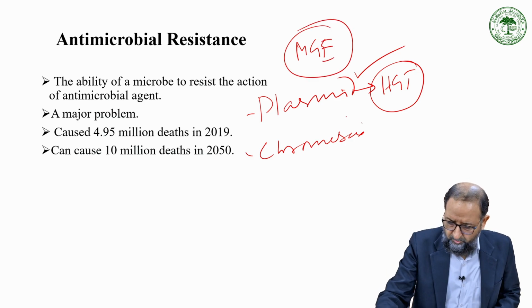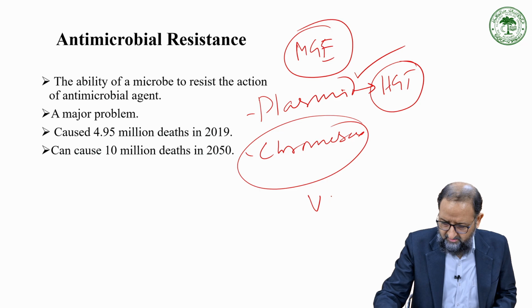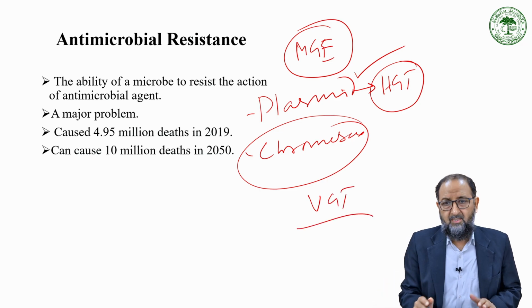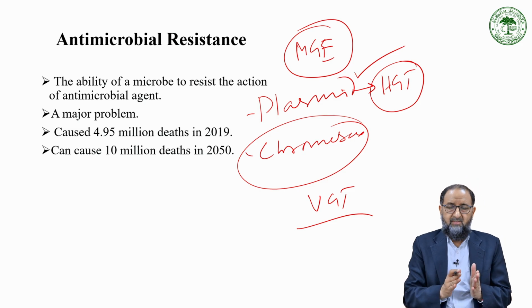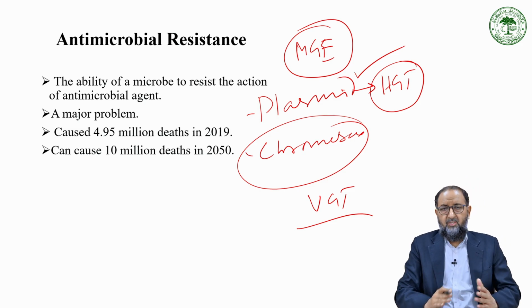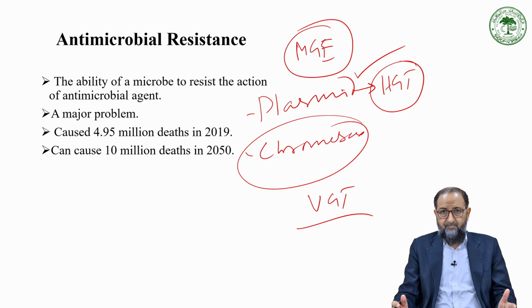If it is on the chromosome, then we call it vertical gene transfer, where when the cell divides, it remains its own kind. For example, if E. coli is dividing, it forms E. coli, or if Pseudomonas aeruginosa is dividing, it remains Pseudomonas aeruginosa.